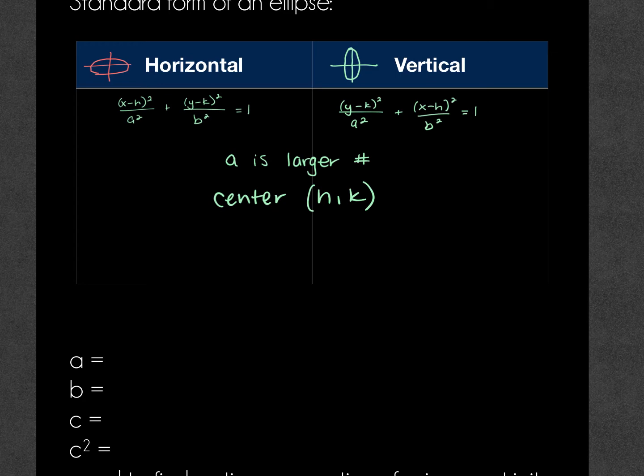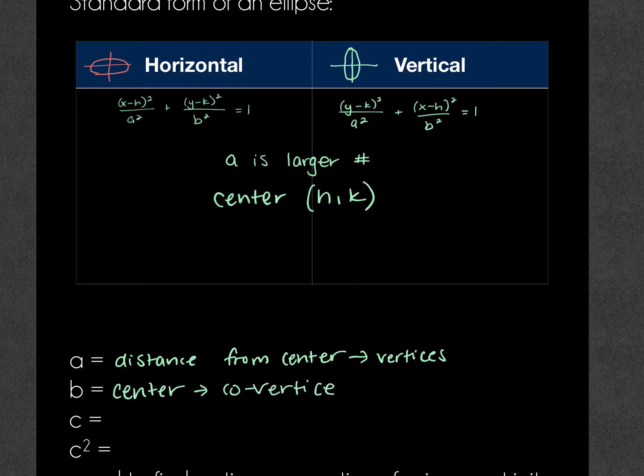The a is the distance from the center to the vertices, which would be on the major axis. The b is from the center to the co-vertices. And the c is the center to the foci.